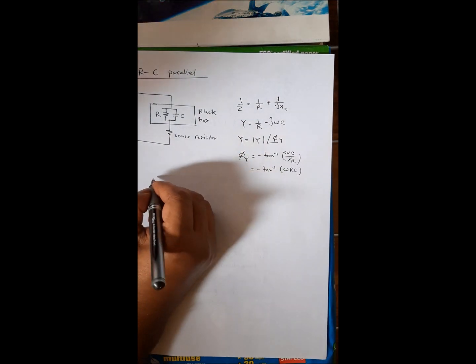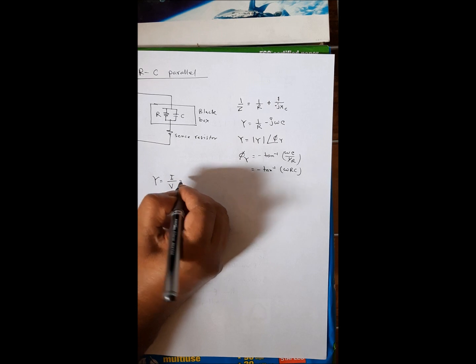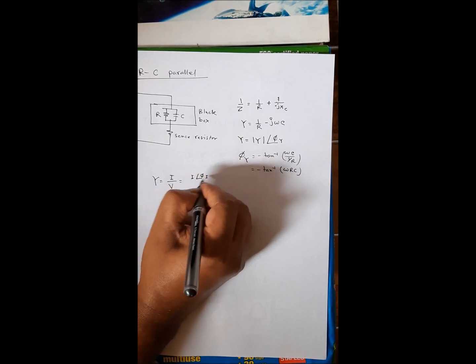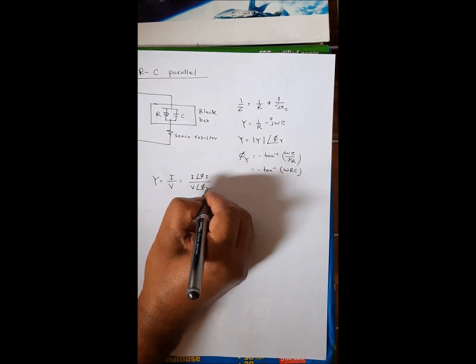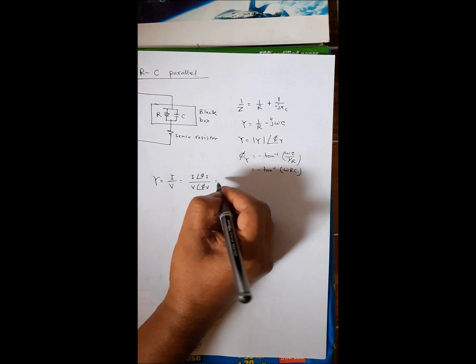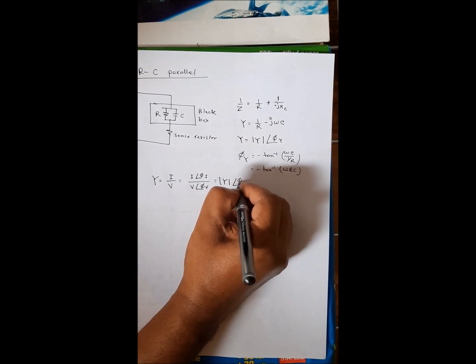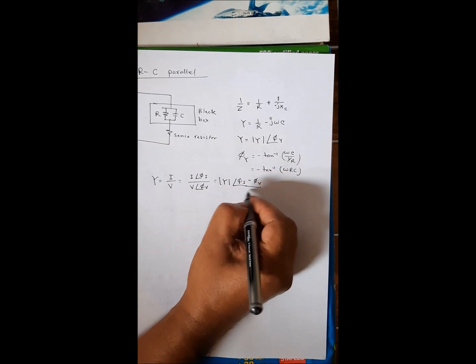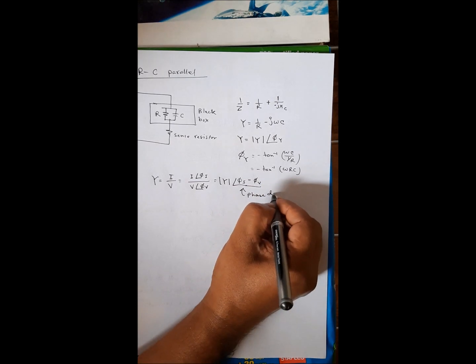Now we also can find Y by dividing current by voltage. So current has a magnitude and angle phi I, and voltage has a magnitude at angle phi V. So you will get the amplitude, and the phase is phi I minus phi V. So this is the phase difference.